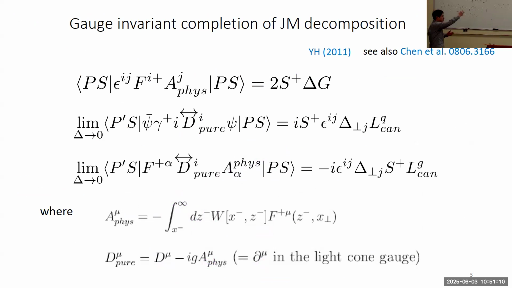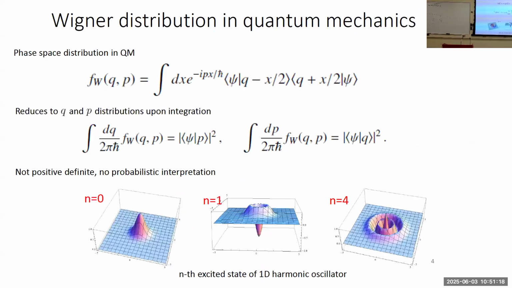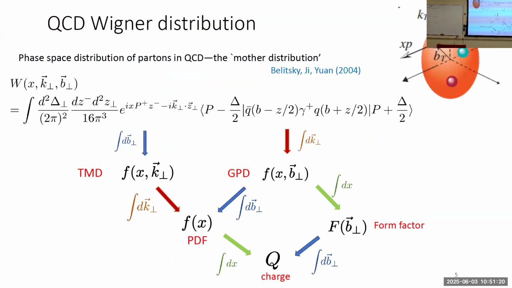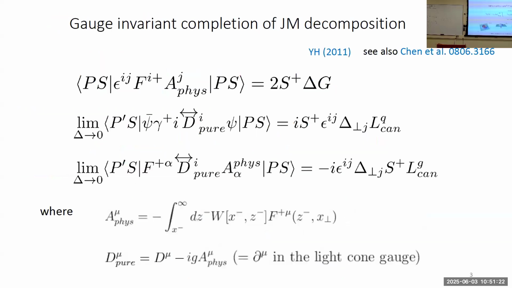So this is tied to the Wilson line in the light-like direction, this staple-shaped Wilson line. So this is the final result for the Jaffe-Manohar. So Jaffe-Manohar is gauge invariant. You can make it gauge invariant this way.